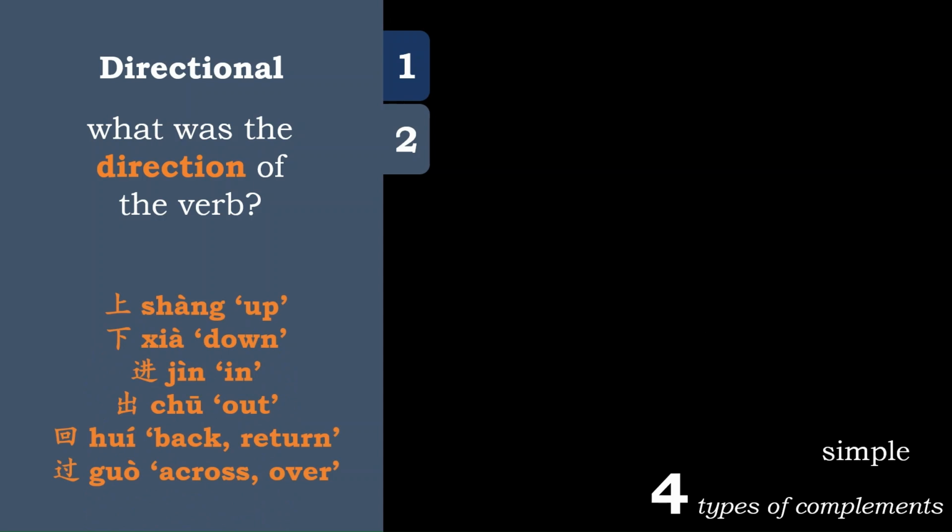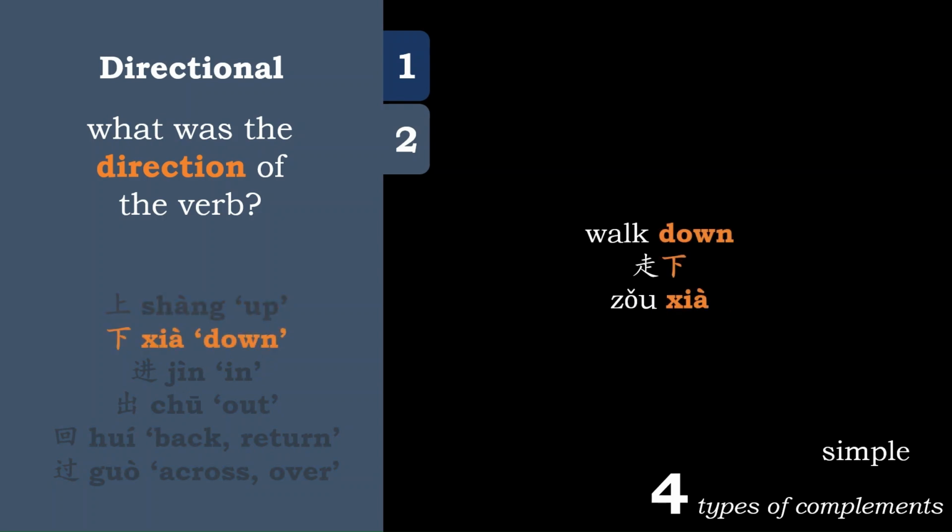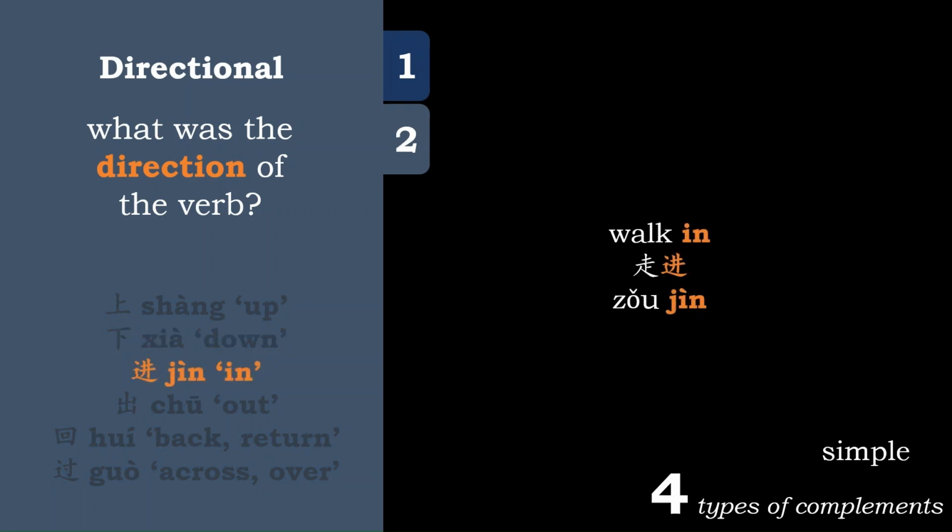Now, seeing as these are directional complements that tell us in which direction a verb is going, then it makes sense that the verbs these complements would enhance would be motion verbs, verbs that indicate some kind of movement, such as 走, which means to walk. So walk up would be 走上, walk down, 走下, walk in, 走进.